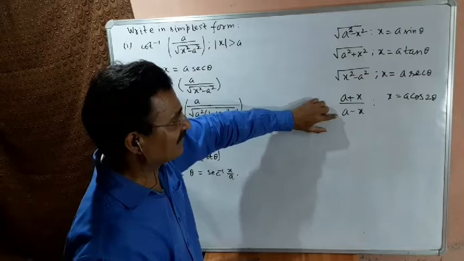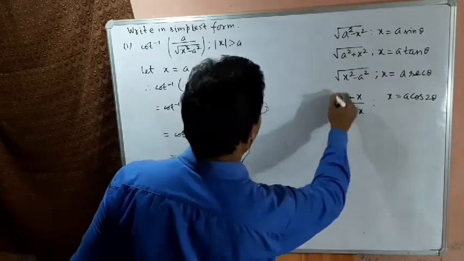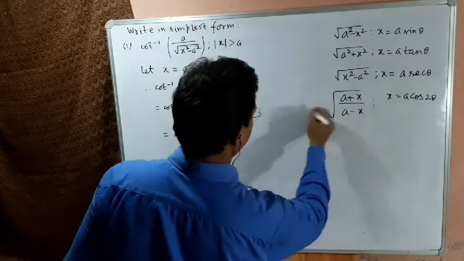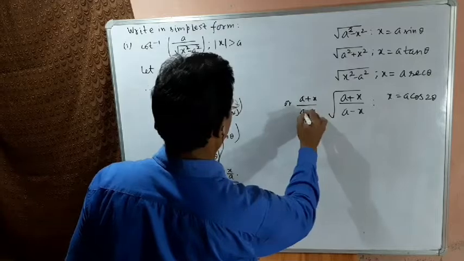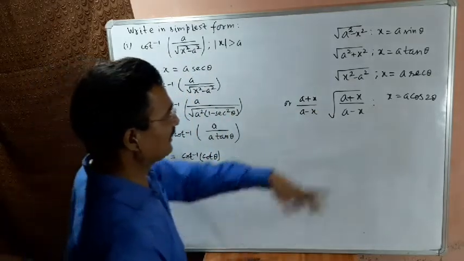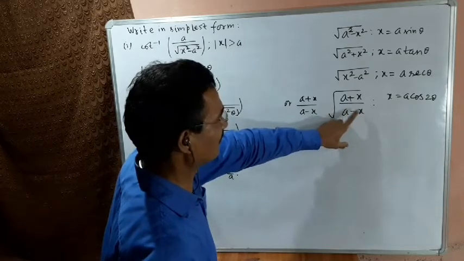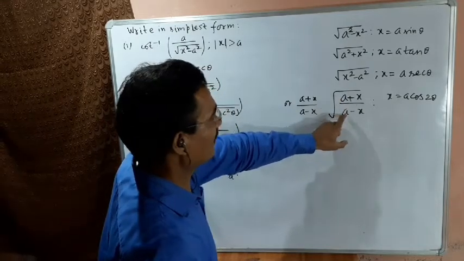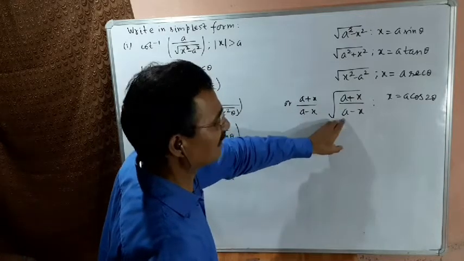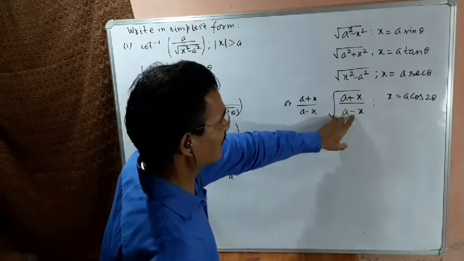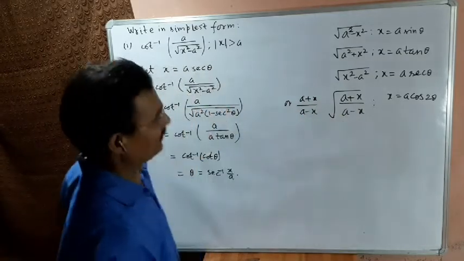And in this type, we take x equals a cos 2 theta, so that a will be in common. This will be 1 plus cos 2 theta, this will be 1 minus cos 2 theta, a will be cancelled out, and this will be 2 cos square theta, this will be 2 sin square theta, 2 will be cancelled out, cos square theta by sin square theta, cot square theta, and its positive square root will be cot theta.